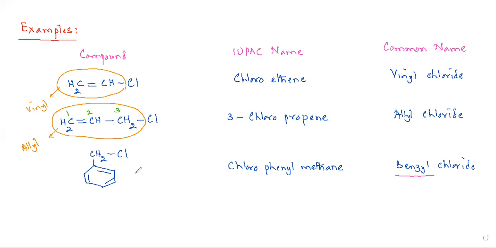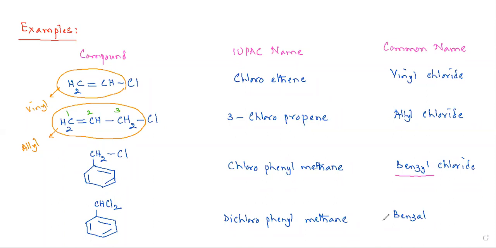Okay. Next, let us consider this. See, this is dichlorophenylmethane. This is called benzyl chloride.